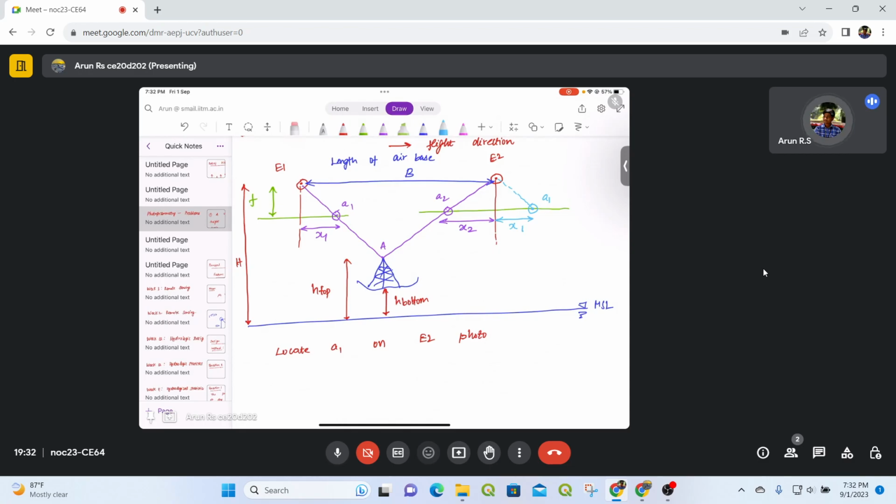With respect to your first exposure and your second exposure, the top of the tower has moved by a total distance of x1 plus x2. So that is your parallax of the top of the tower. Similarly, if you draw the same thing with respect to the bottom of the tower, you will get a similar point, and that distance x2 plus x1 will be equal to the parallax for the bottom of the tower.